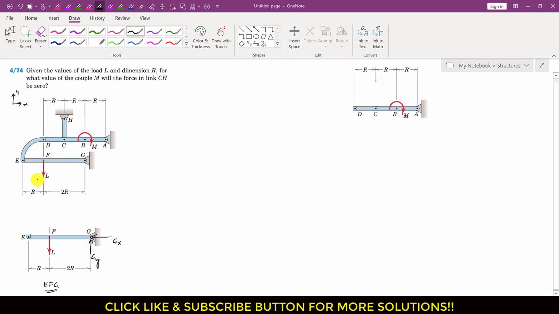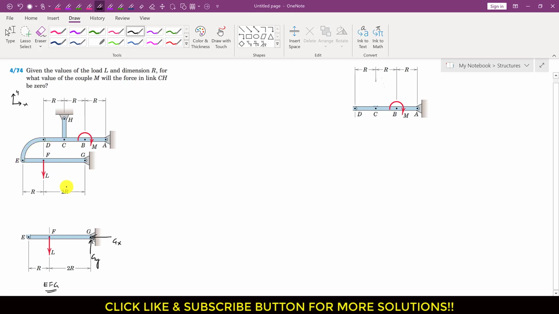And similarly, as we can see, here we have an ED member, it's a curved member, right? Since this ED member is a two-force member, there are only two forces acting on it, one force at this point E and one force at that point D. So we can consider a curved member as a straight member.